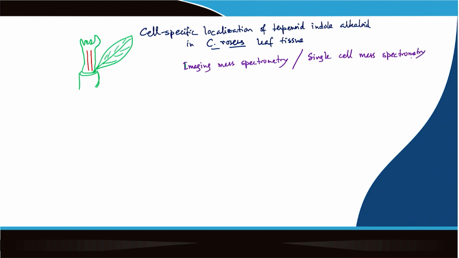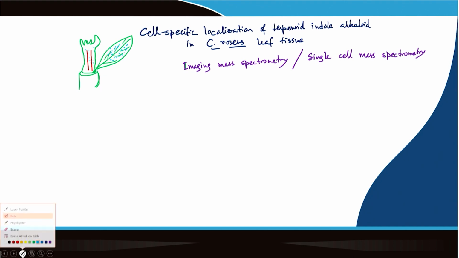So, using these techniques, scientists were able to locate even the density of the alkaloids that accumulated in the leaf tissue. For example, the alkaloids which accumulated in this area are shown in this turquoise blue, okay, and as the leaf expanded, the level of alkaloid accumulation increases.